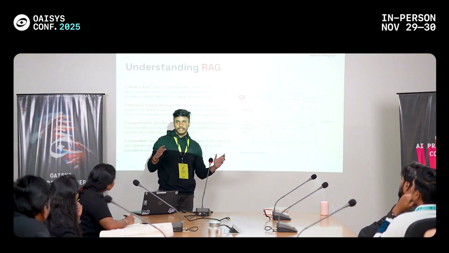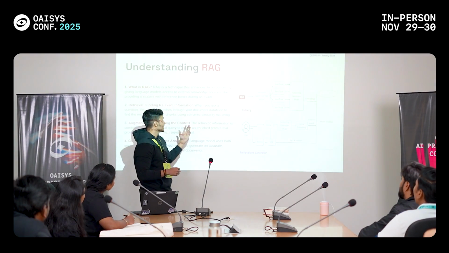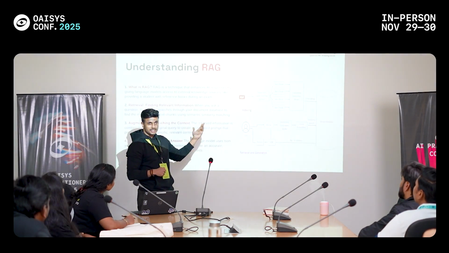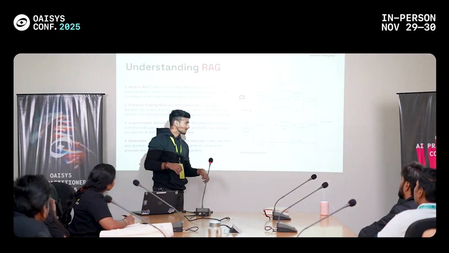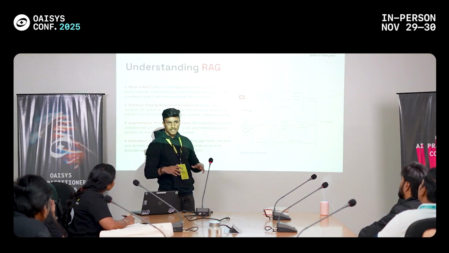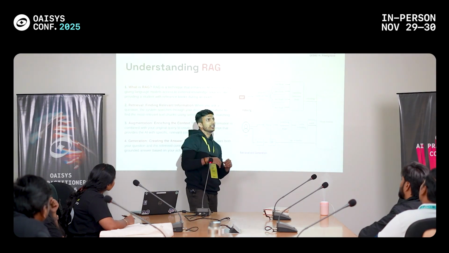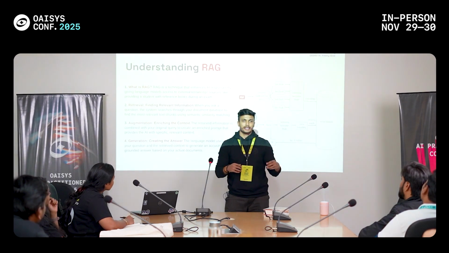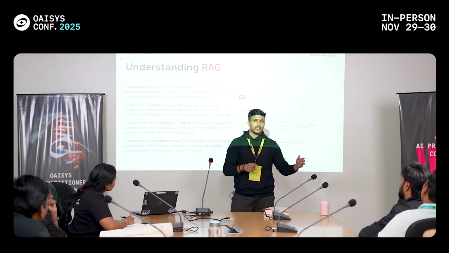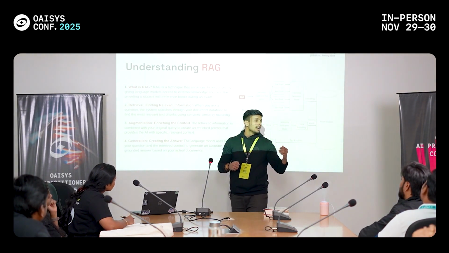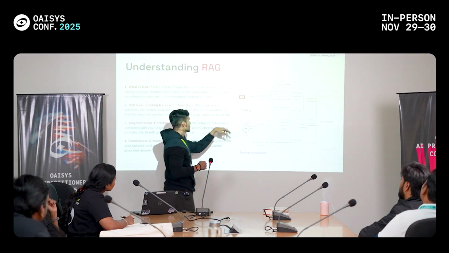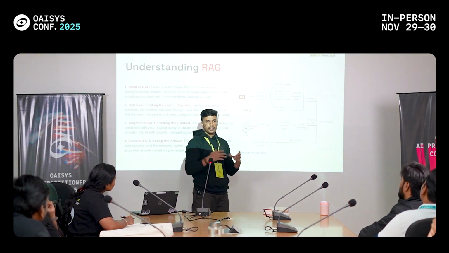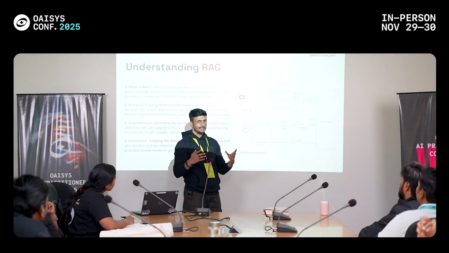I think everyone knows what RAG is, right? RAG stands for retrieval augmented generation. For those who don't know, I will explain it in brief. RAG means you are providing your model an external knowledge, and I will explain it through this image. Consider you have knowledge in a PDF form.